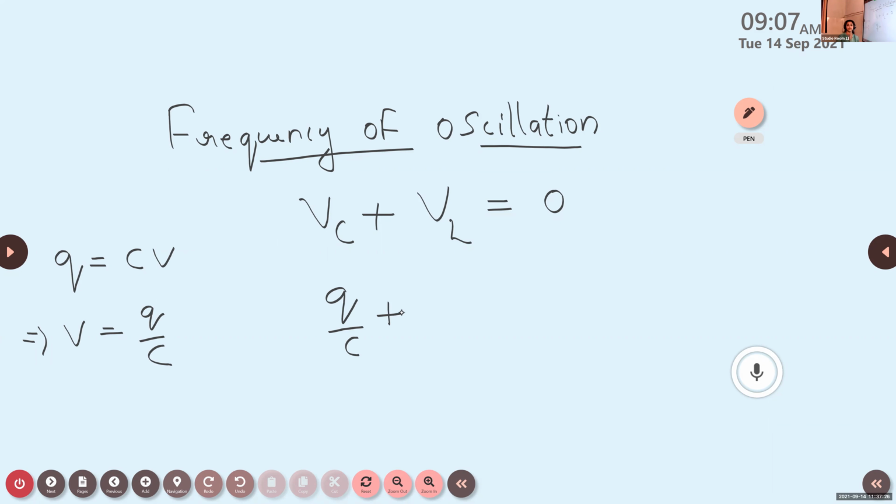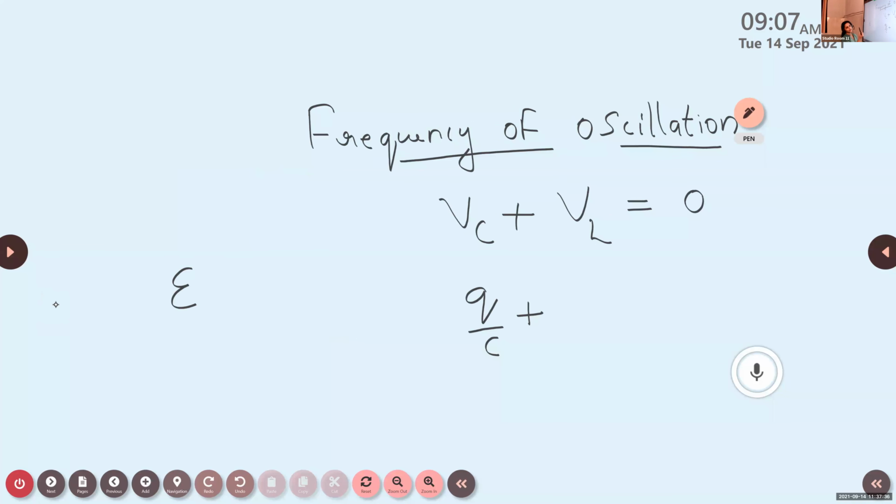EMF induced in an inductor. We already discussed an expression in our previous lesson, electromagnetic induction. EMF induced in an inductor is given by epsilon is equal to minus L di by dt. Do you remember this equation? In self-induction, we derived this expression for induced EMF.